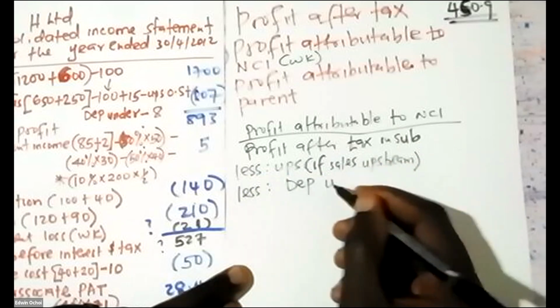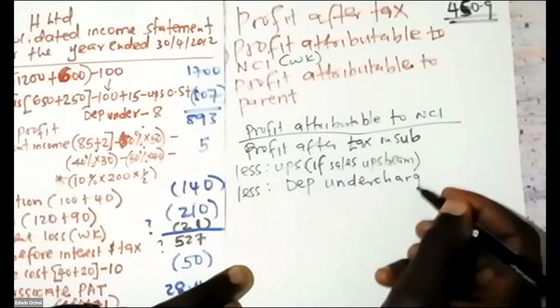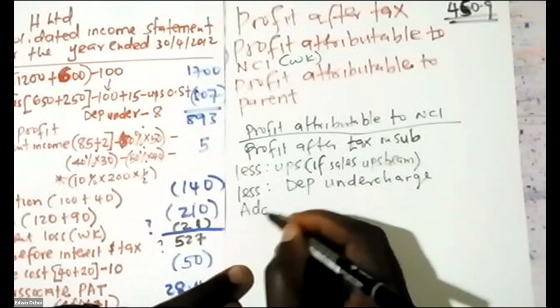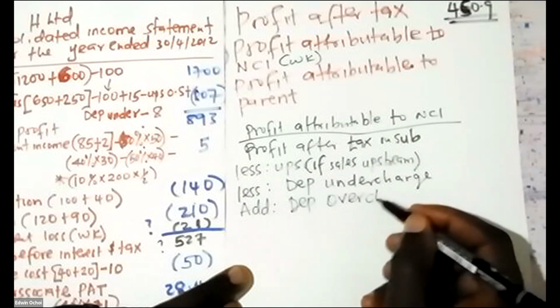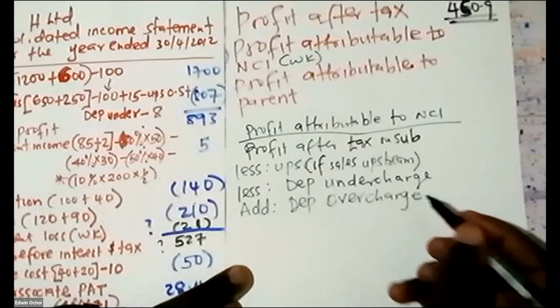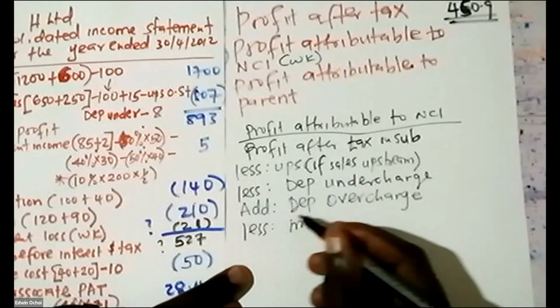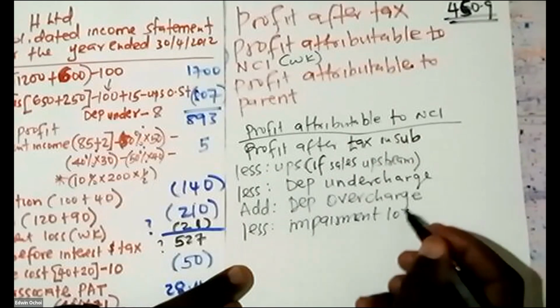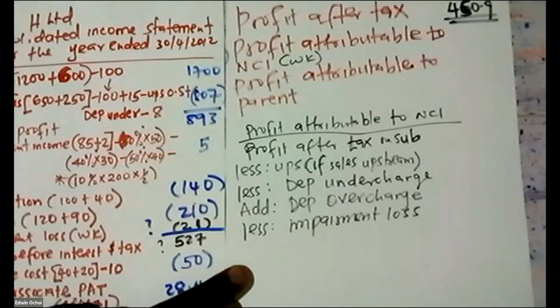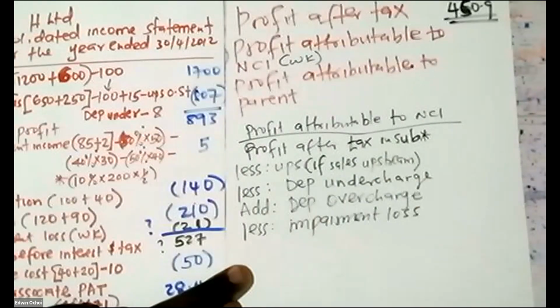So you raise depreciation undercharge, then you add overcharge. You add the depreciation overcharge. So after adding depreciation overcharge, you have to raise impairment. You have to raise the impairment loss.